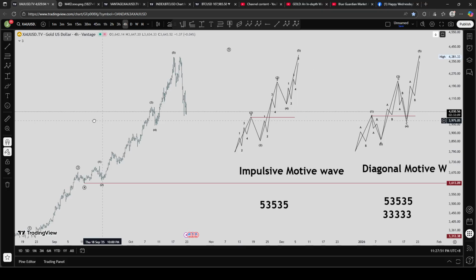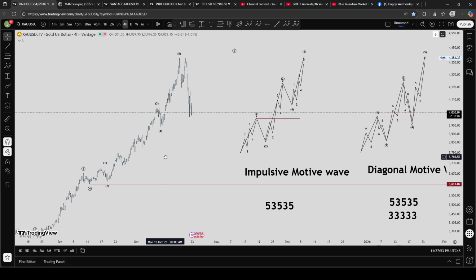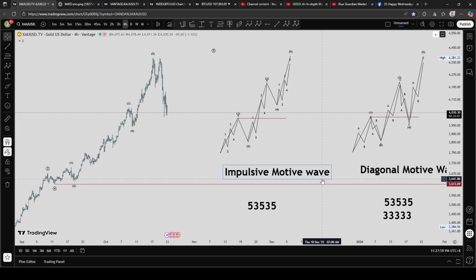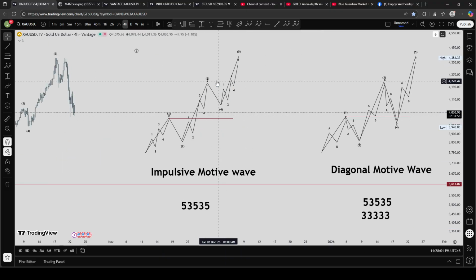So going back here, just like what I've mentioned, for us to confirm whether this is an impulsive motive wave or a diagonal motive wave, the internal waves of wave 3, from 2 to 3 here, must be 5 internal waves.